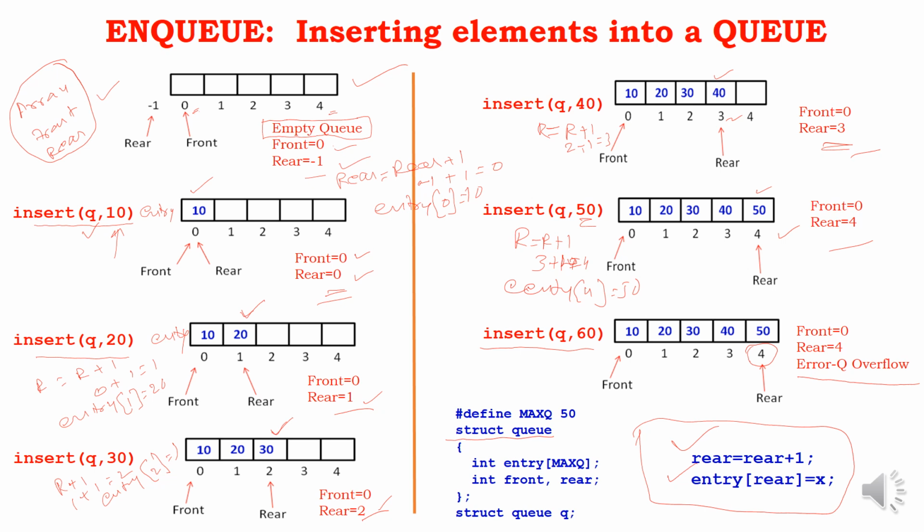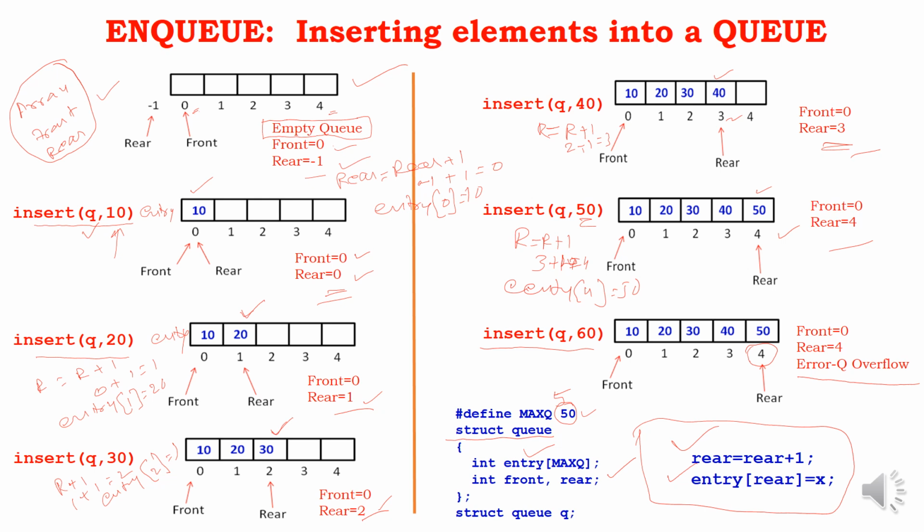So queue can be defined as a struct queue, which has entry as the name of your array, entry of max queue. What is max queue? 50, or you may say 5. So here in this particular example we have to use 5. Then int front, rear, so it has 3 members: entry, front, rear.